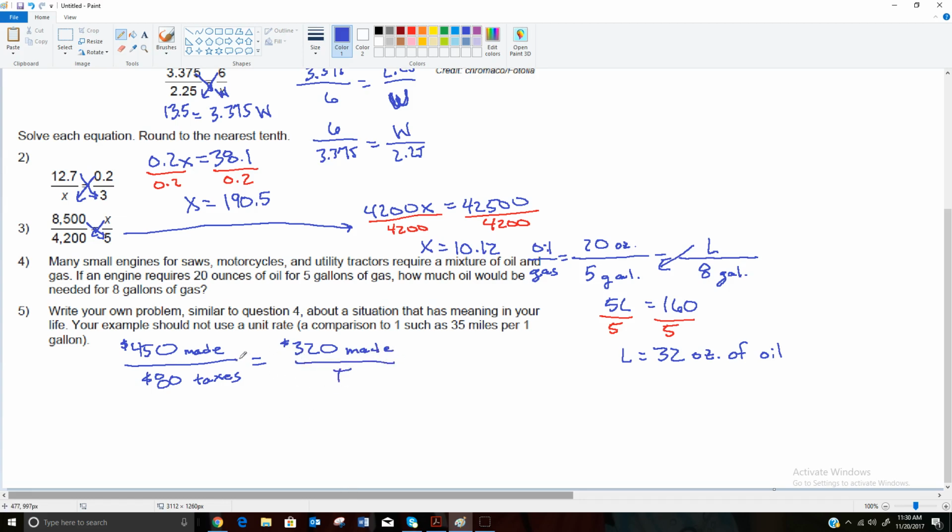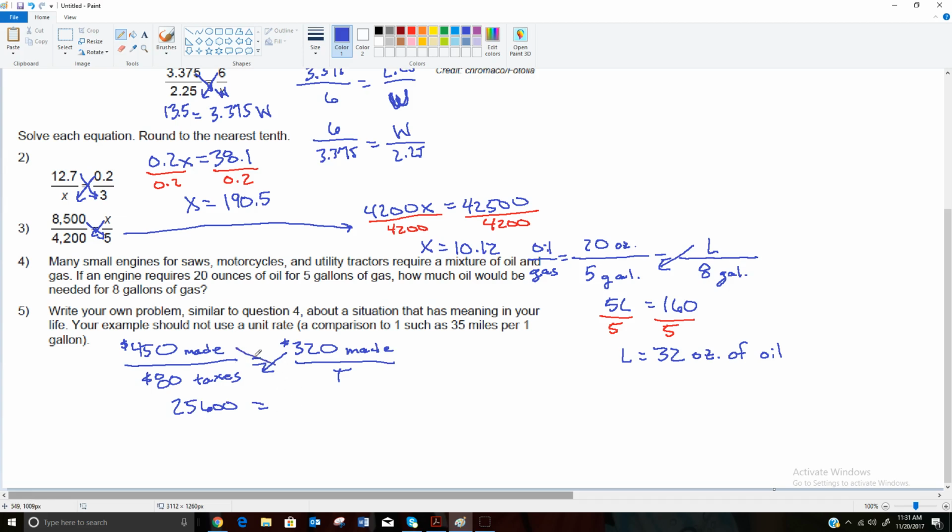Well, you could set up a proportion. If out of $450 they took out $80 in taxes, then the next week if you made $320, it should be the same proportion. It's usually fairly close. It's not perfect because there's some other things involved besides just a strict percentage, but it's usually pretty close. So if you cross multiplied this, 320 times 80, you get 25,600.